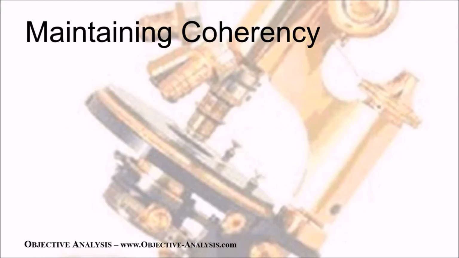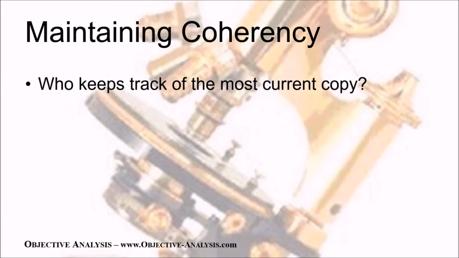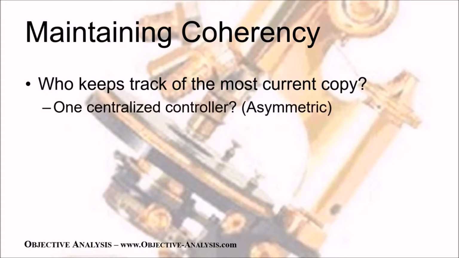Perhaps the toughest issue is maintaining coherency. When one processor makes a change to a memory address, how does the other processor know that its own copy of that address contains the most current data? There must be some built-in responsibility for this. In an asymmetric system, one processor is responsible for this task.